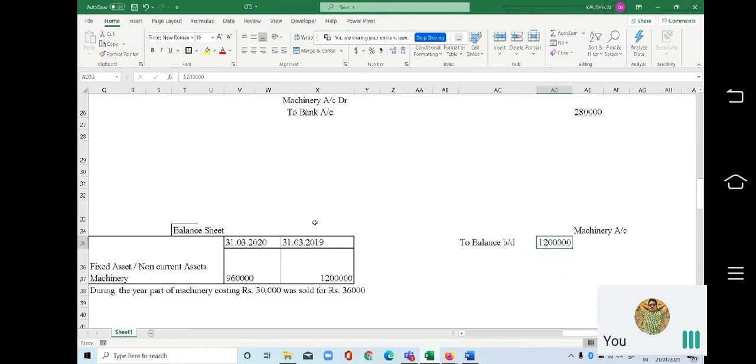Simultaneously go and record the closing. Don't leave it towards the last. When you record the opening balance on the debit side, go and record the closing balance also. Tell me the closing balance. What is the amount of the closing balance?